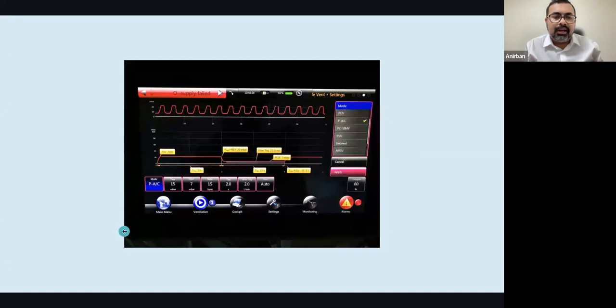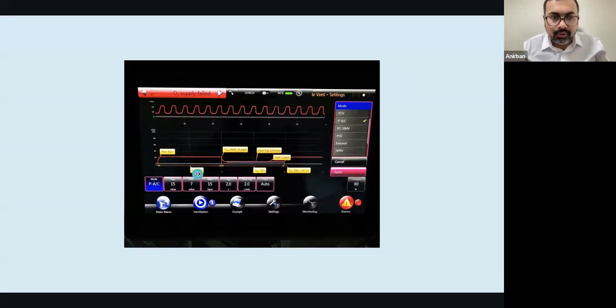Now this is pressure control, assist control. Instead of tidal volume, now we have the inspiratory pressure. So what is inspiratory pressure? This is the driving pressure. This is the pressure that the ventilator will increase above PEEP and maintain throughout the inspiration.